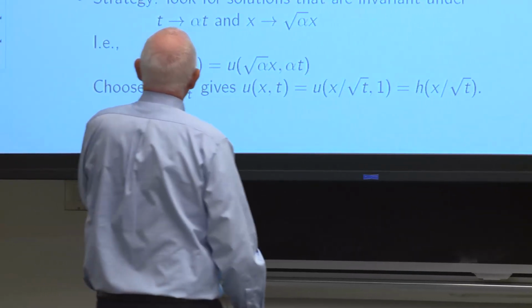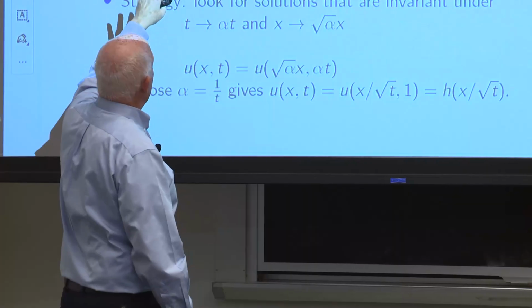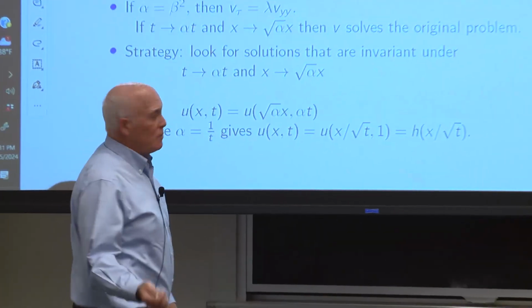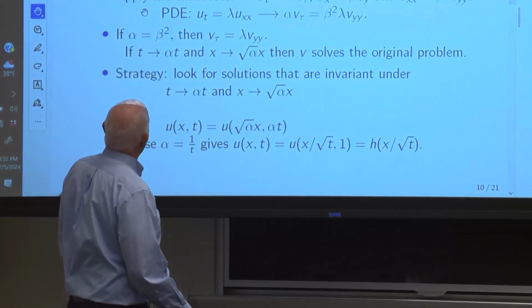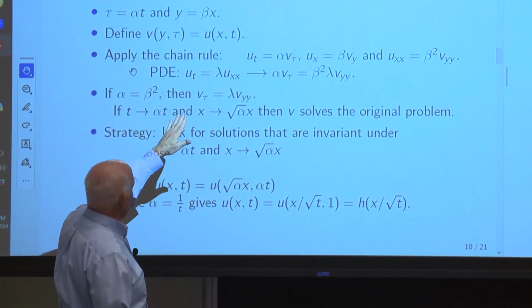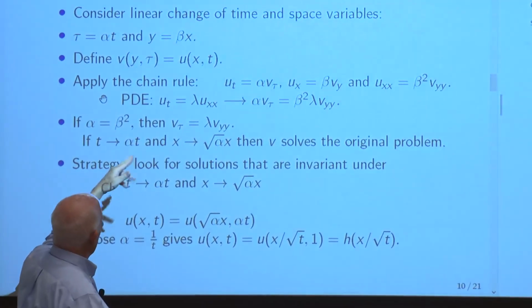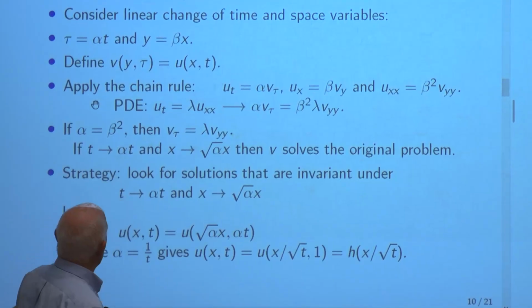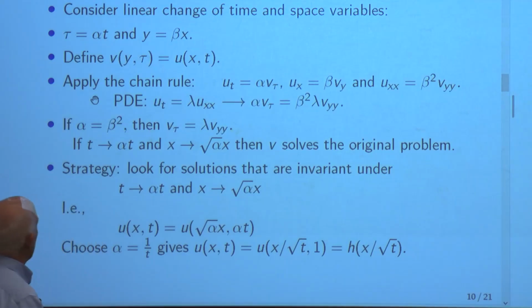Well, if we consider a v function which equals the u function, then we basically can map u into v by redefining u in terms of y and u in terms of tau.